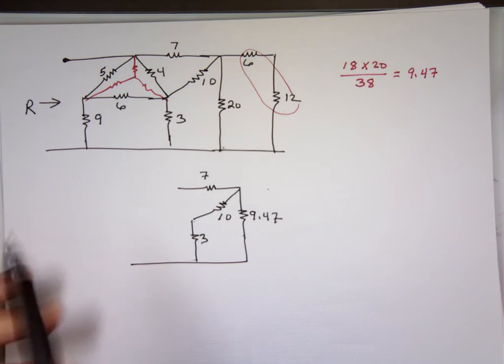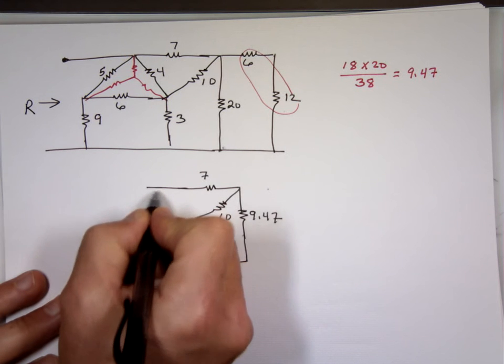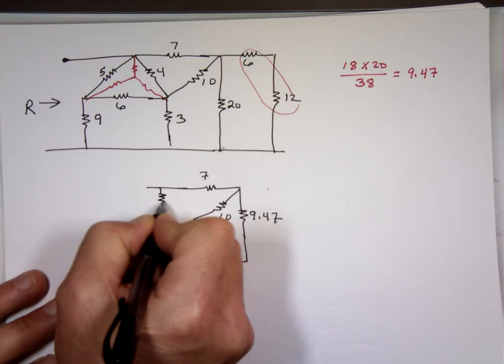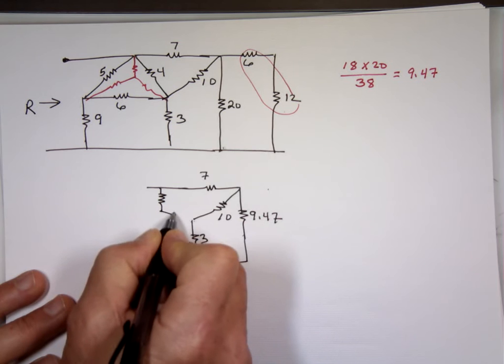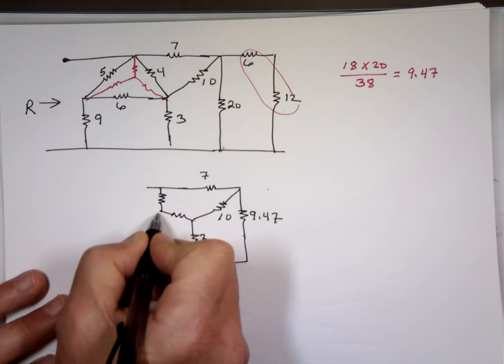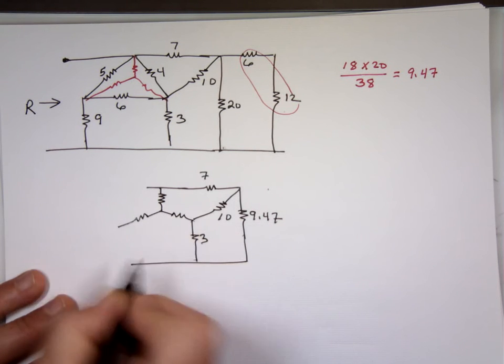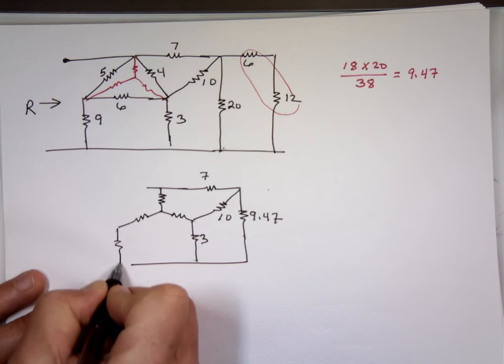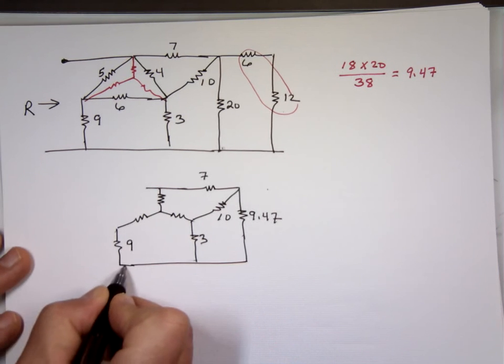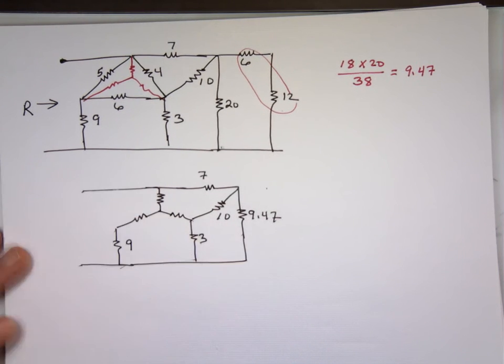If I did that, I'll have this resistor here, this one here, this one here, and the 9 here. And if I know what these numbers are, I'm in good shape.